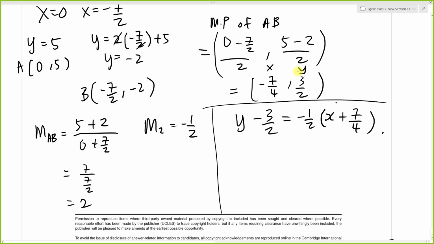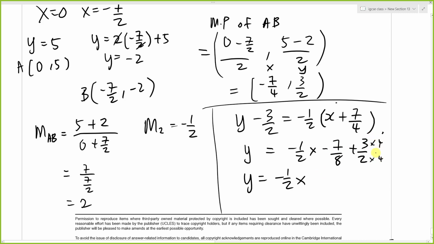This is x, this is y. So redo it again. y equals negative half x, multiply in, this is negative 7 over 8 plus 3 over 2. 3 over 2 is 12 over 8, which will give me positive 5 over 8 here.